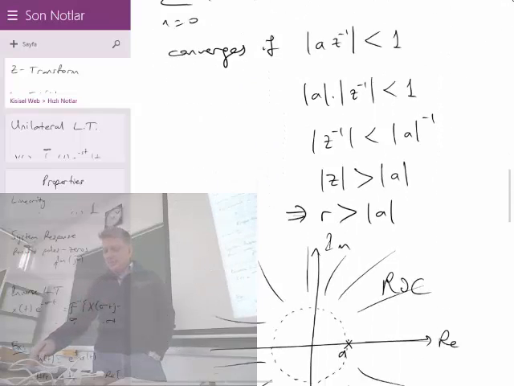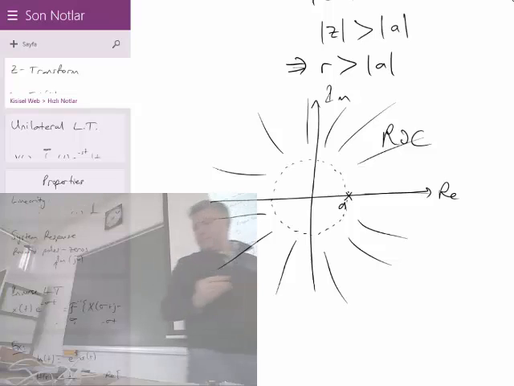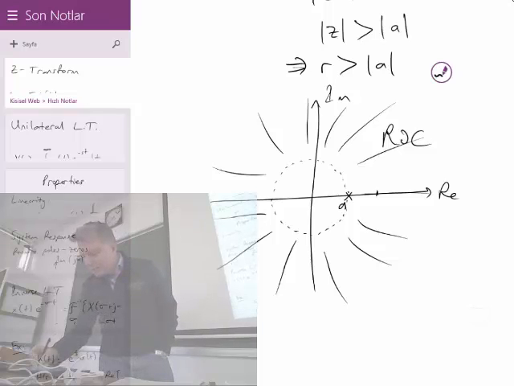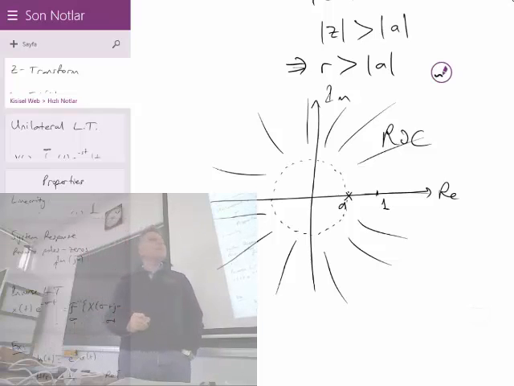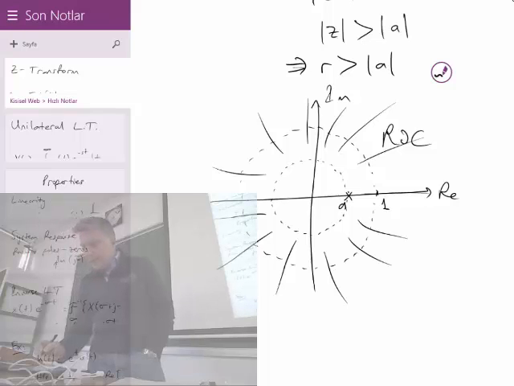What does that mean in the region of convergence? It means a is somewhere here and 1 is somewhere here. It must be. And then you draw a unit circle with a radius of 1. That is the definition of a unit circle. Which is this. This is the unit circle.